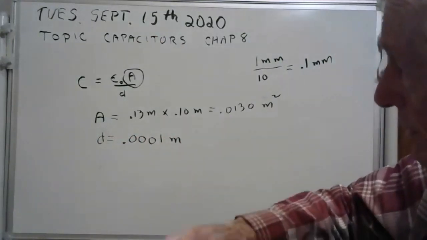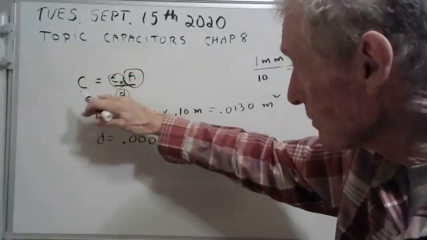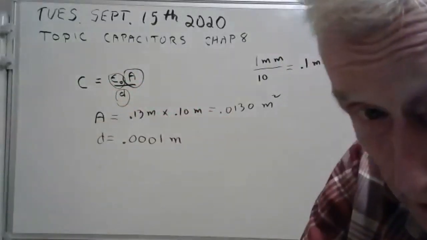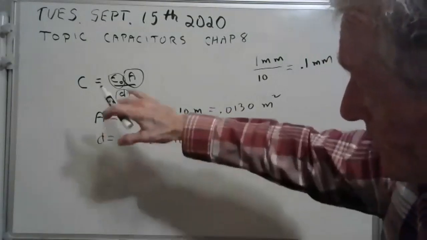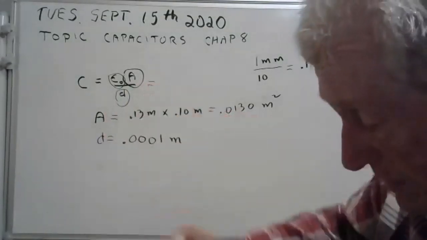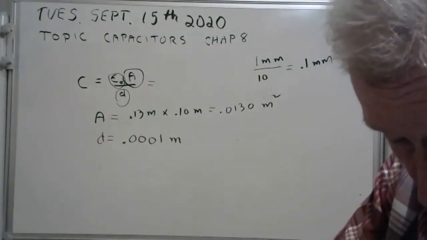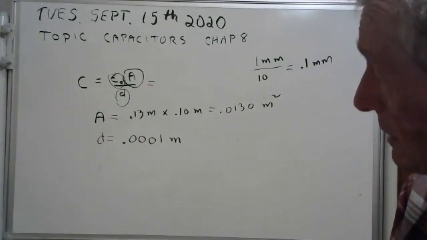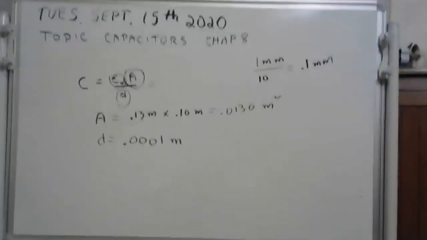Okay, now look, we know this, we know this, we know that, and I'm going to derive that formula for you in just a minute. But get your calculators and find the value of that capacitance for me. Go ahead. I'm going to do it, and then I'm going to call on one of you.